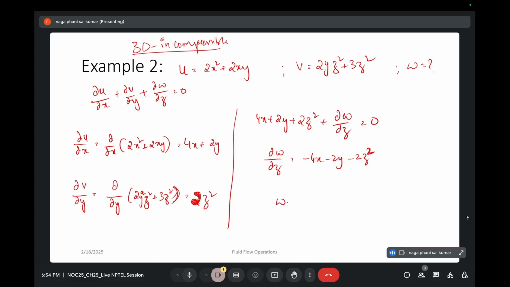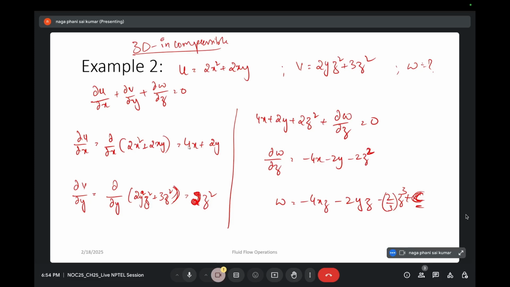So now to get w, just integrate it, and we will have minus 4xz minus 2yz minus 2/3 z³ plus integral constant c. If you are given any initial conditions, we will be able to calculate c as well. So this is how we will be able to calculate the other component of velocity.